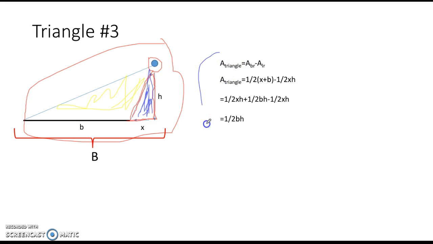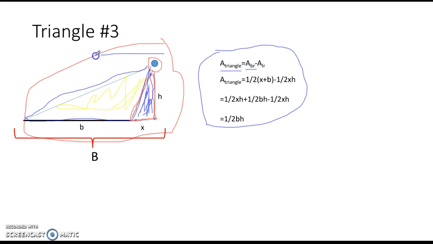So we'll look at these formulas. The area of this triangle, the yellow one, is the area of the big right triangle, so all of this, minus the area of the little right triangle, the stuff that we added in.